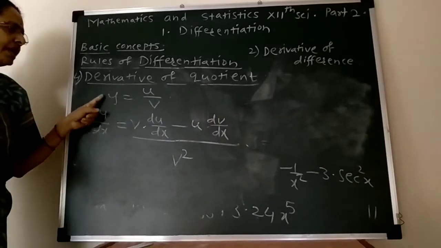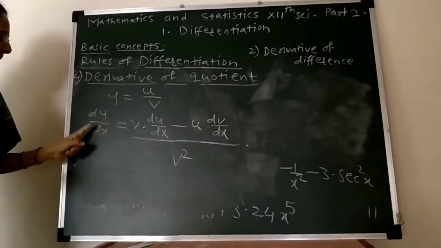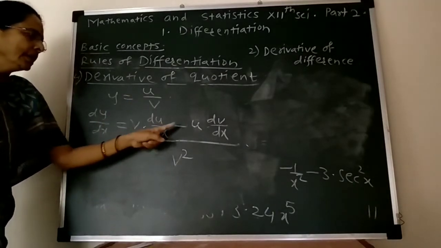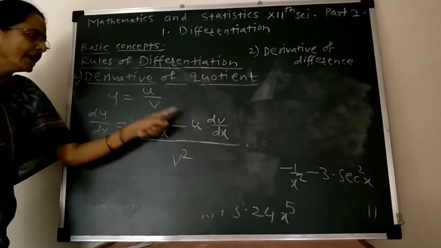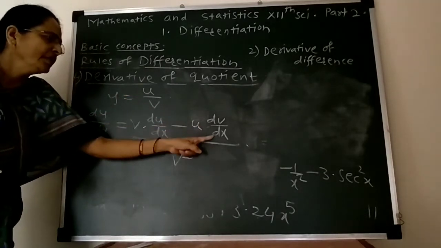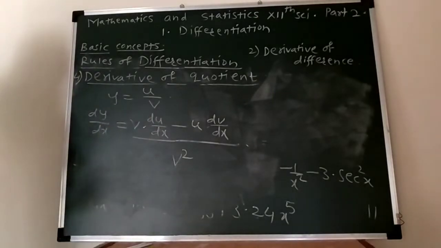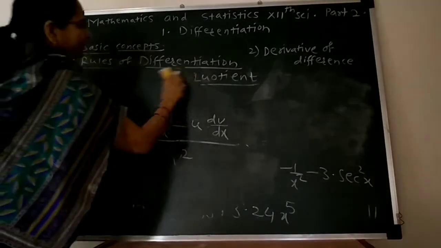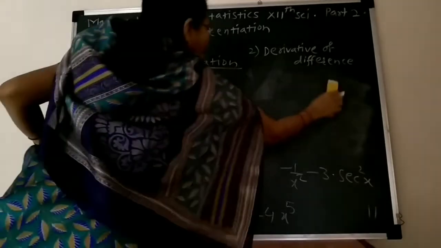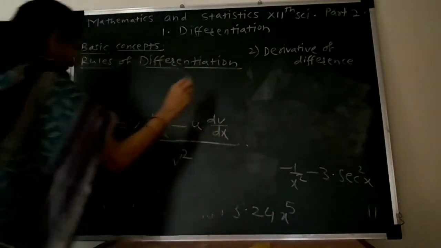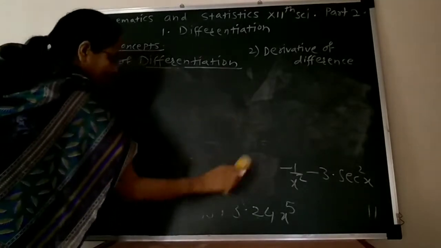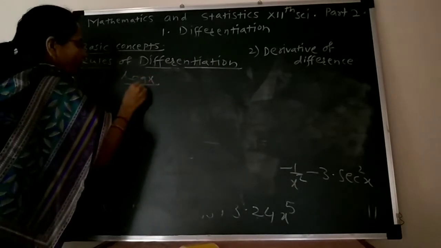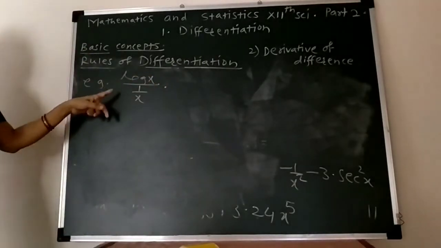So see once again, y is equal to u upon v, dy by dx is equal to, write v, take derivative of u, du by dx, take minus sign, then u as it is, derivative of v is dv by dx, upon v square. For example, log x upon 1 upon x, this is the function given.